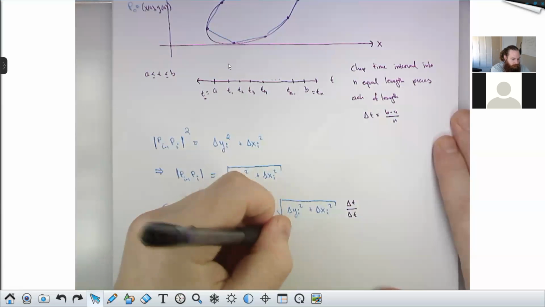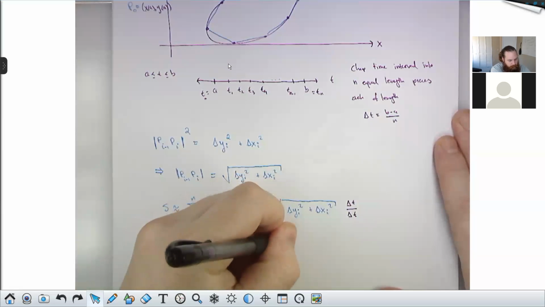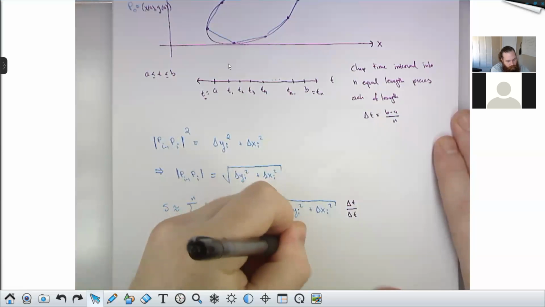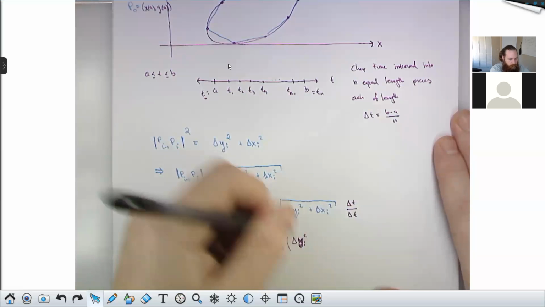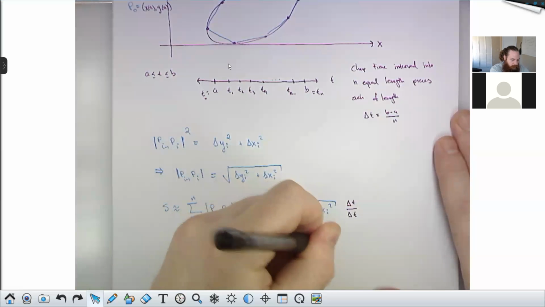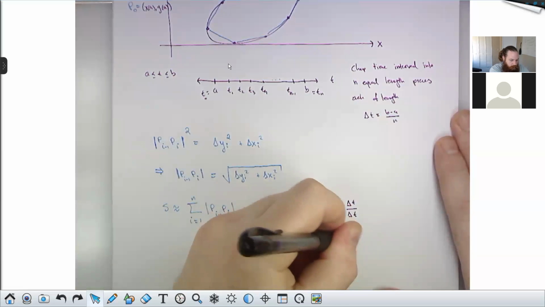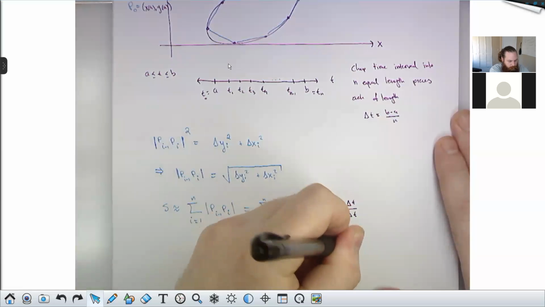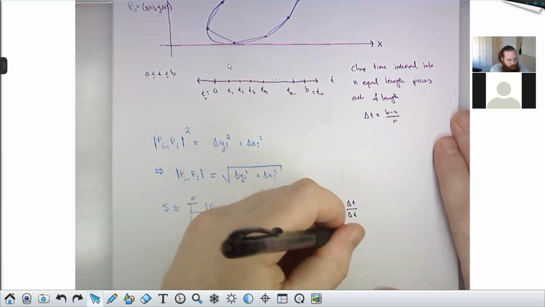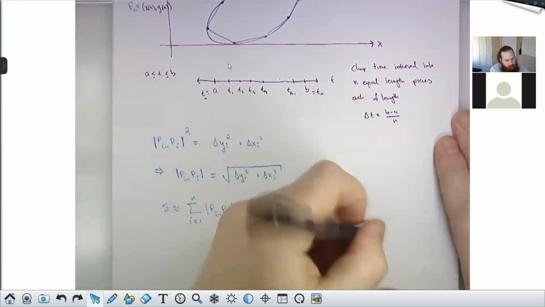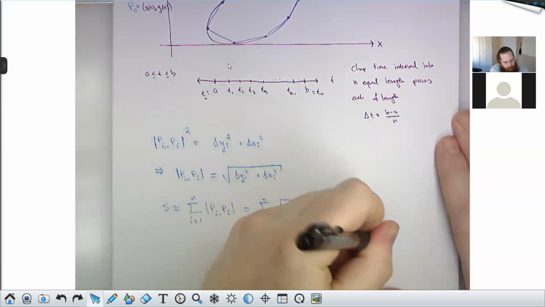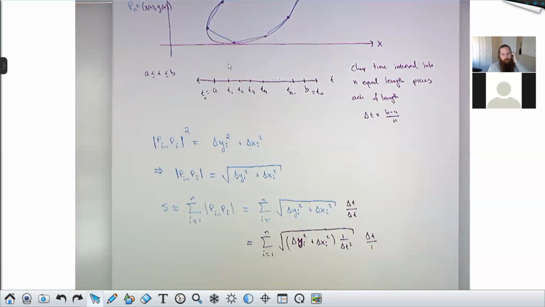One of those delta t's, the one from the denominator, I'm going to stick inside. Oh, this should be a y_i squared plus delta x_i squared. And then I shove the delta t from the denominator inside as 1 over delta t squared. The other delta t stays outside the square root.